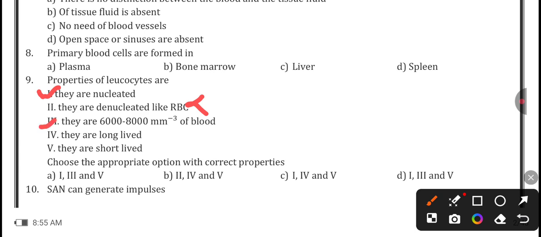And they are long lived, no, they are short lived, only for a few weeks. So statements 1, 3 and 5 are correct. Choose the appropriate option 1, 3 and 5. So option A is correct.